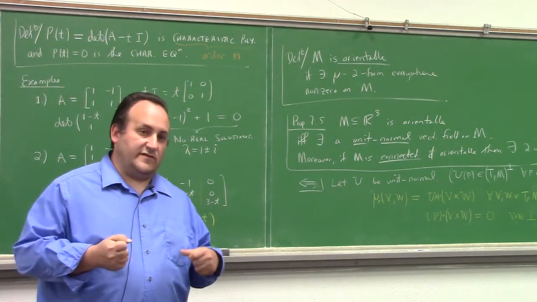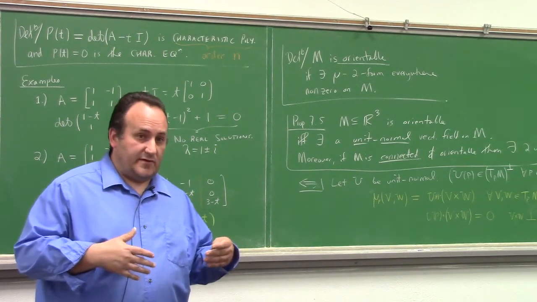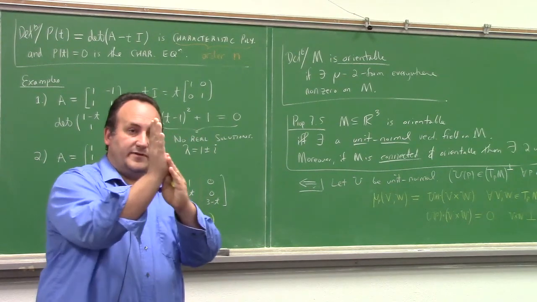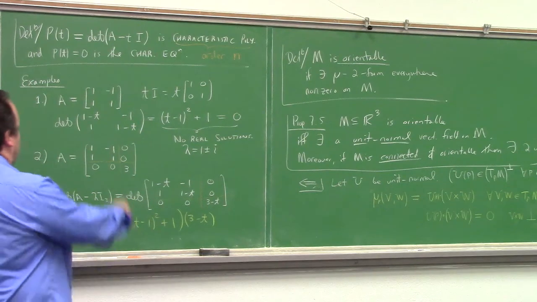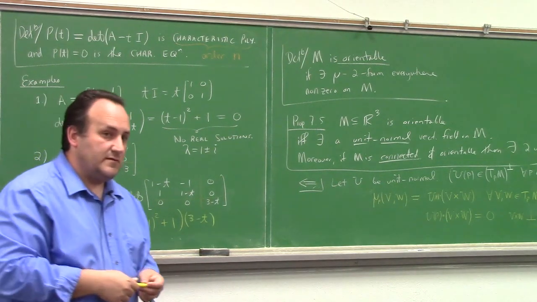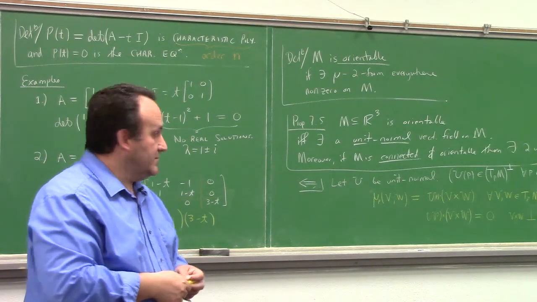Unless the rotation is by 180 degrees or 0, no vector is fixed. They're moved. This one happens to be a dilation by the square root of 2 and a rotation by 45 degrees. That's what it is geometrically.